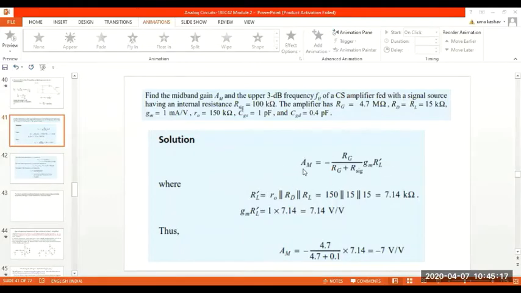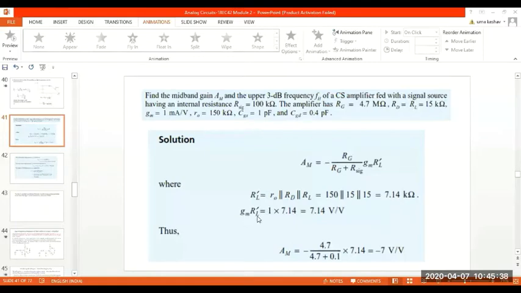First we'll find the midband gain AM, which is minus RG by RG plus RSig into gm RL dash. And RL dash, how do I find? It is the parallel combination of r0, RD and RL, which is 150K parallel with 15K parallel with 15K, which will give you 7.14 kilo ohms.